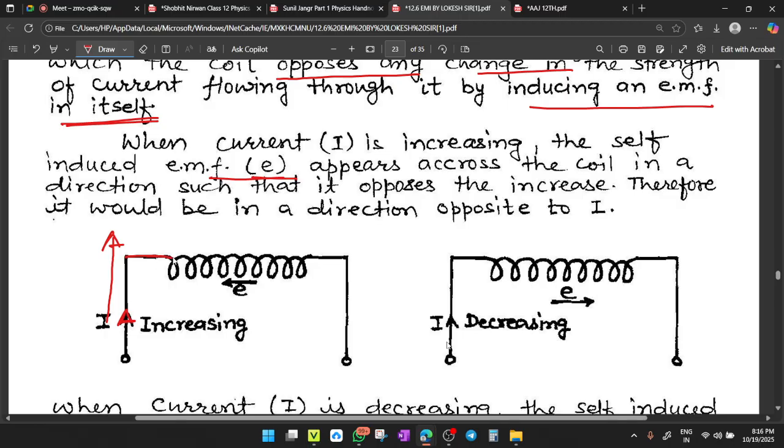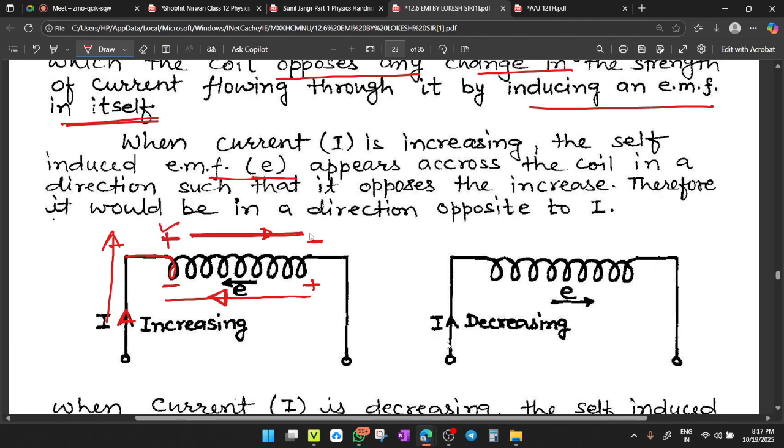Like your growing current has a polarity of plus to minus, as current is going in the same direction, plus to minus, right or wrong? Then your induced EMF has a polarity of plus here and minus there to oppose this increasing current. Clear or not?